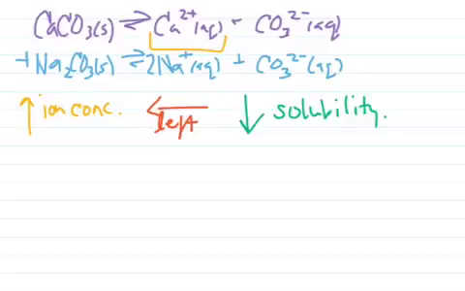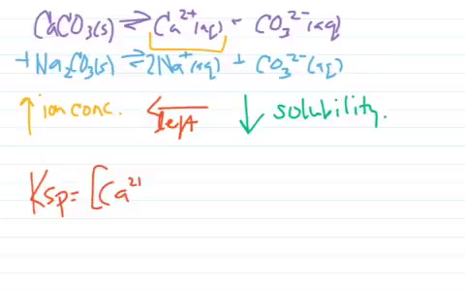So now that we're at equilibrium and it has been reestablished, well, what happened to that calcium 2 plus? We know it's neutral, but because we increased the carbonate, we actually decreased the calcium. So KSP is equal to the calcium 2 plus and the carbonate 2 minus.